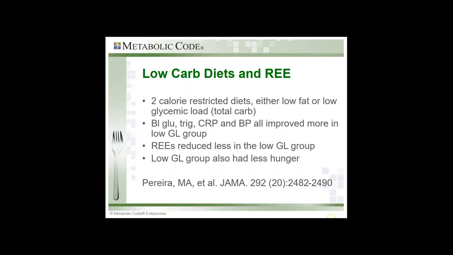And the big point here is that resting energy expenditure reduced less in the low glycemic load group, and that group also had less hunger. Now, tell me where the downfall to this diet is. I don't see one. We're protecting lean mass, so we're protecting metabolic rate, and we're helping reduce hunger.